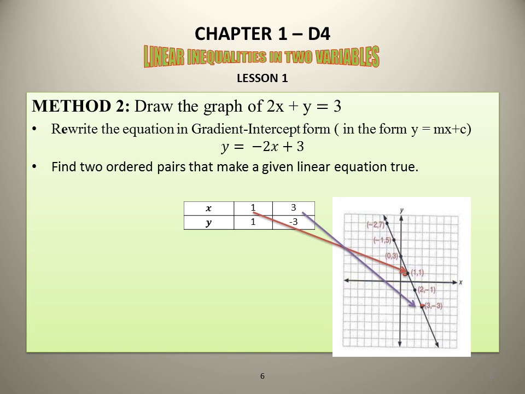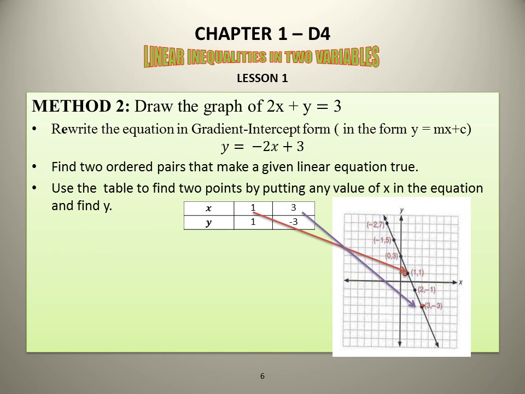This means you will take any one value of x, put that value of x in this equation, and calculate the value of y. You can use a table to find 2 points by putting any value of x in the equation and then solving for y.